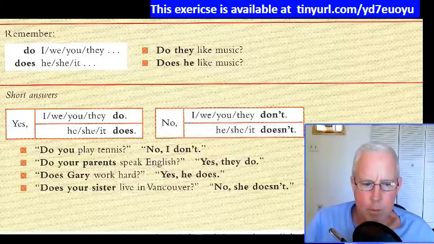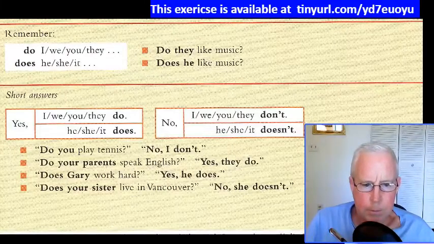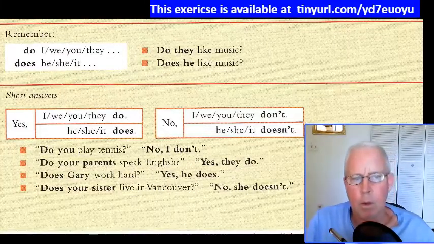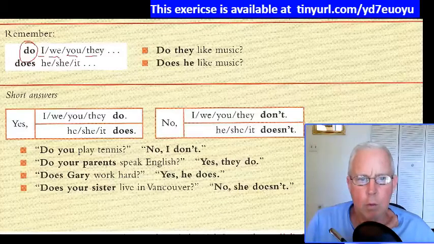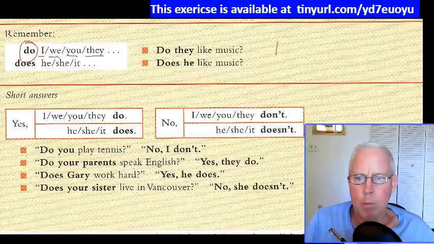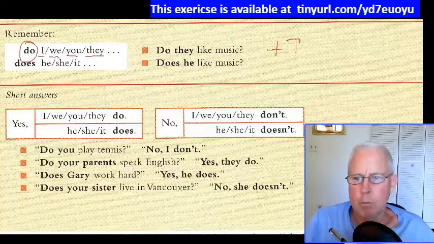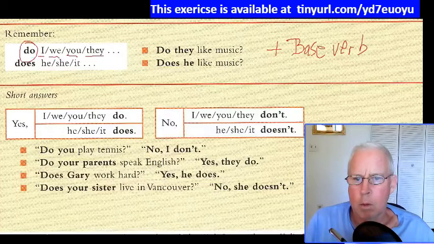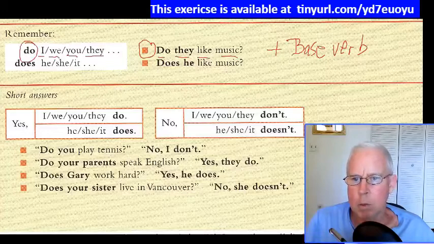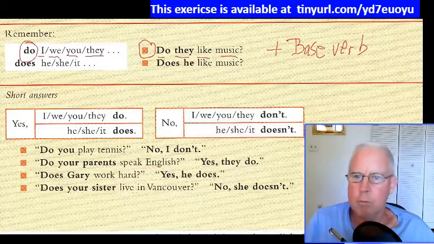So the summary is, the question word is do, I do, we do, you do, they do, plus the base verb. So for example, do they like music? Yes, no.